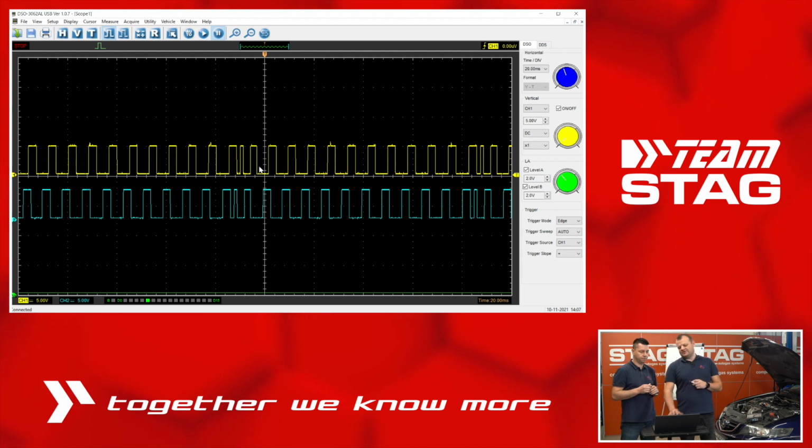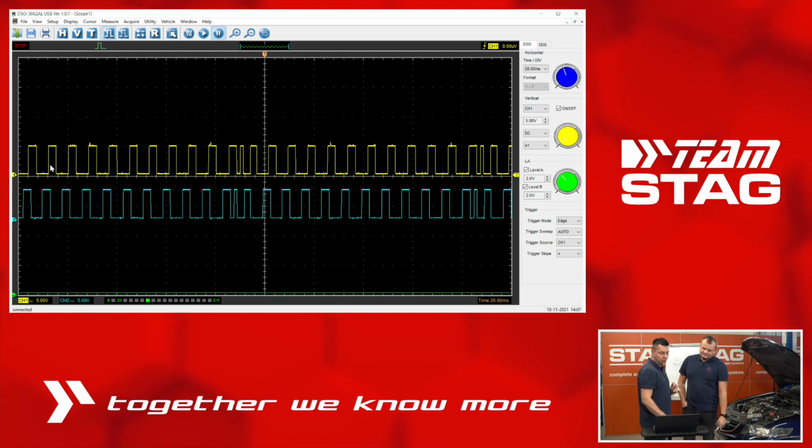Thomas, what's happening? Okay, so right now, as you can see, once again in the yellow probe we have the signal from the sensor, and on the blue probe we have the signal that is sent to the ECU, the car ECU.